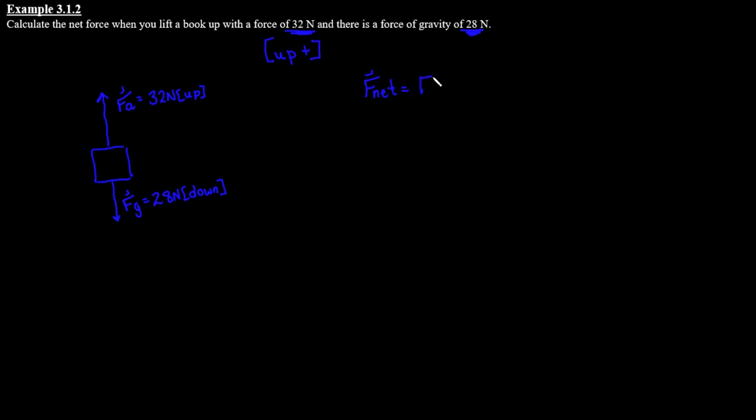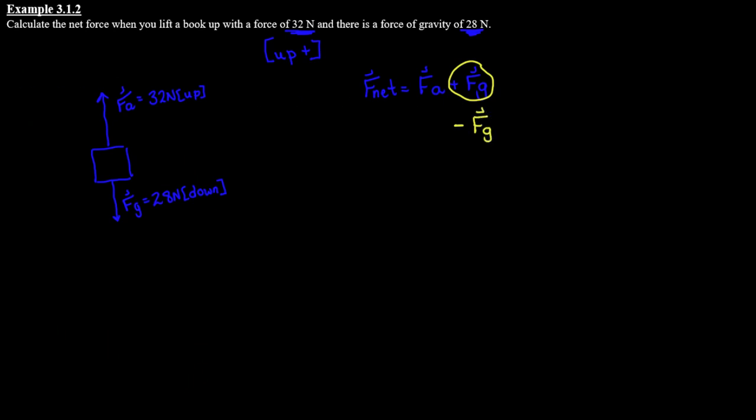The two forces that are involved are the applied force plus that force of gravity. But this is where direction has to be taken into consideration. Because gravity acts down, we should plug it in as a negative force.